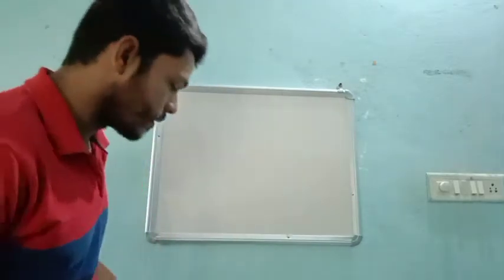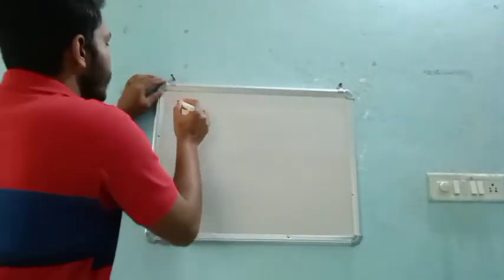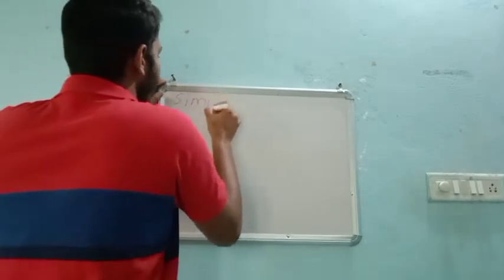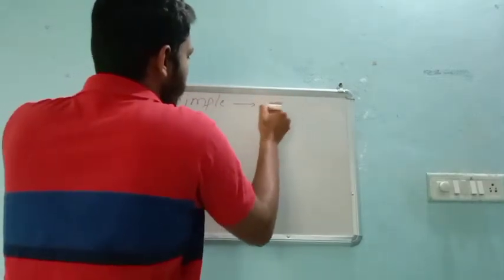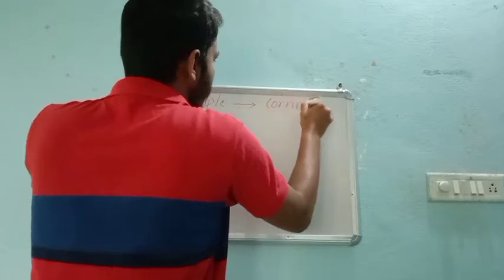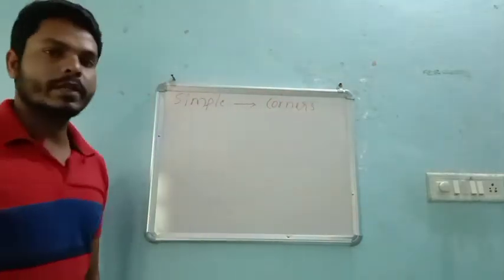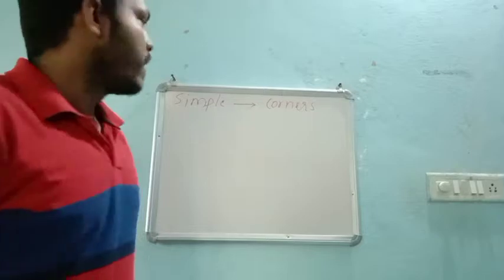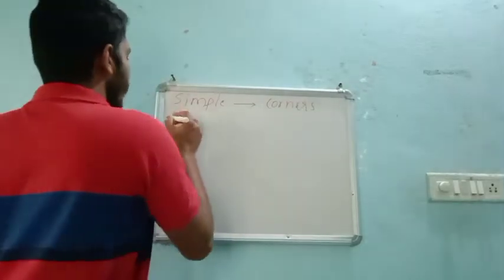I repeat once again that a simple unit cell is nothing but, if the constituent particles are only present at the corners, then those types of unit cells are called simple or primitive.